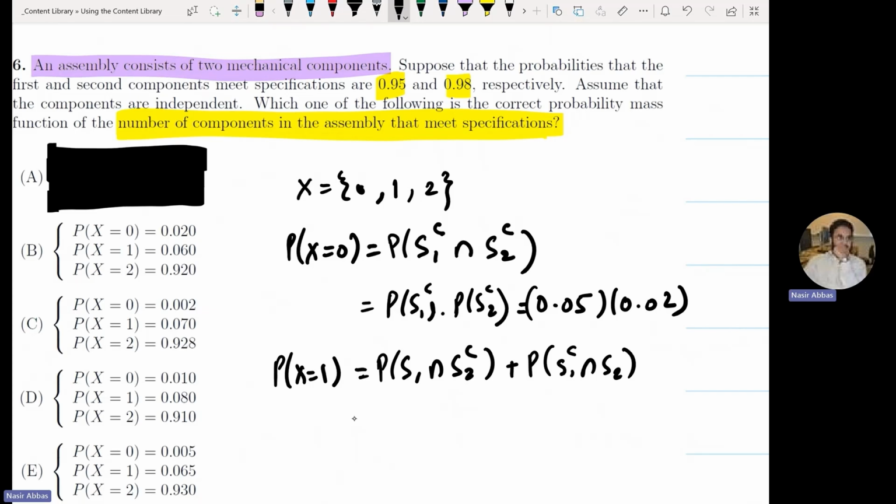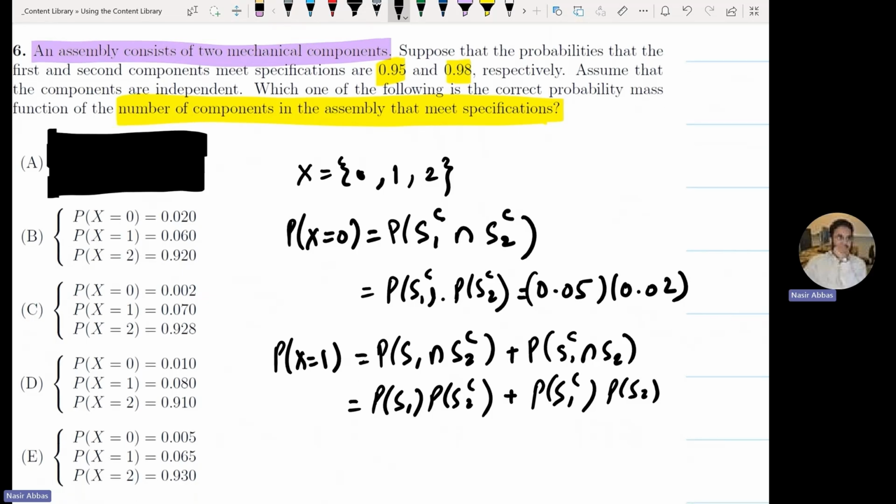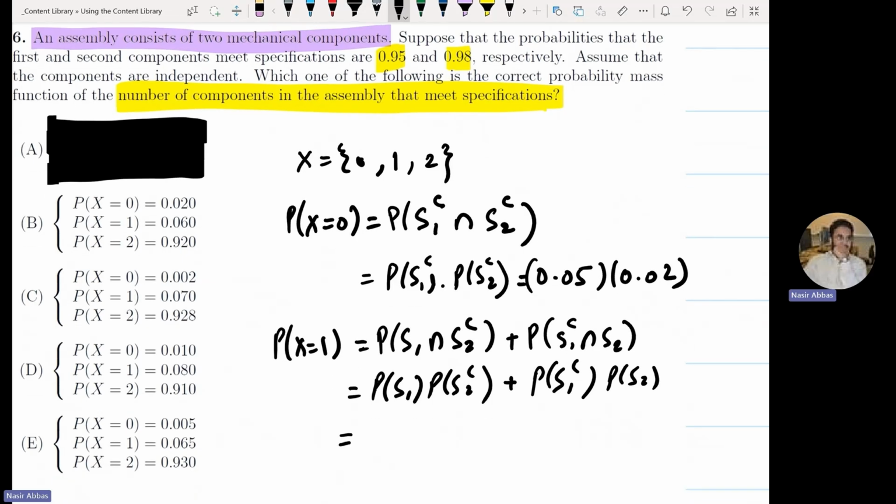Because of independence, again, these probabilities will turn into products. What is the probability the first one meets the specification and the second one does not? First one does not, second one does.